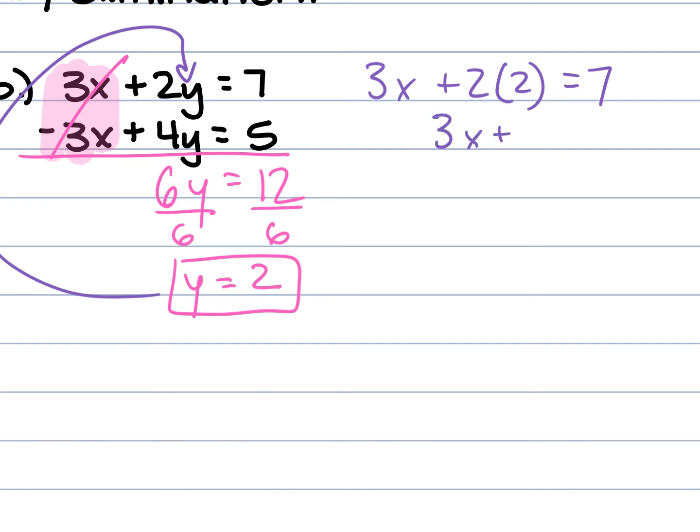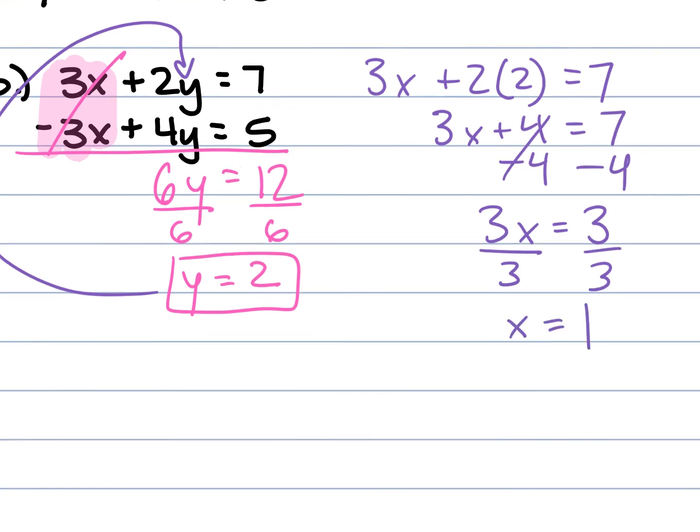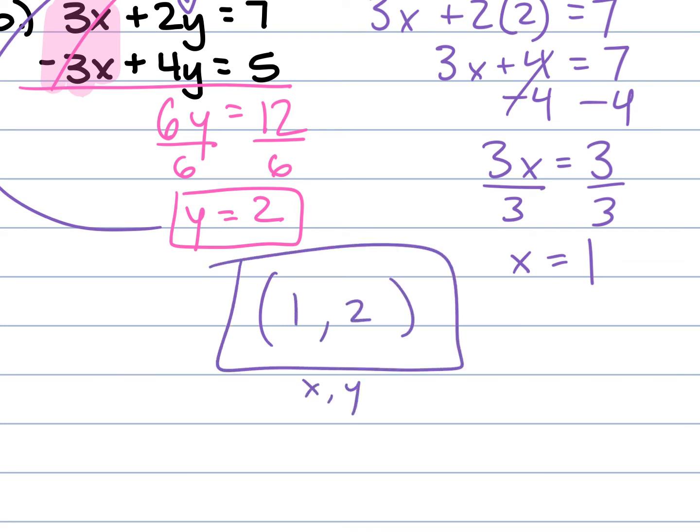So 3x plus 4 is equal to 7. What should I do next? Subtract 4. 3x is equal to what? 3. And then what's last? Divide by 3. So x equals what? 1. So how would I write my answer? 1, 2. Always x, y.